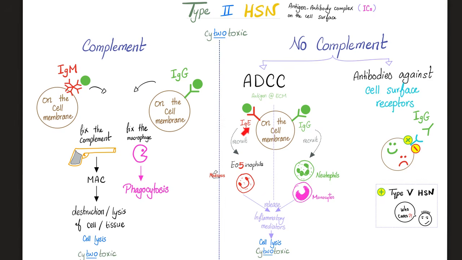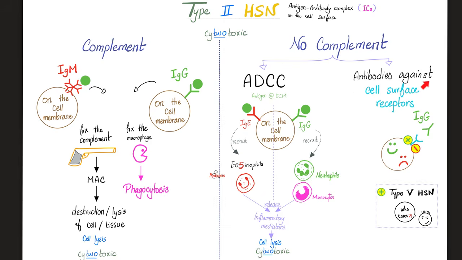This is the story of ew, allergy, asthma, bee sting, anaphylaxis, parasites, etc. Eosinophils. Or the IgG activating and recruiting neutrophils and monocytes. Whether we're talking here or here, the end result is the release of inflammatory mediators causing cell lysis.